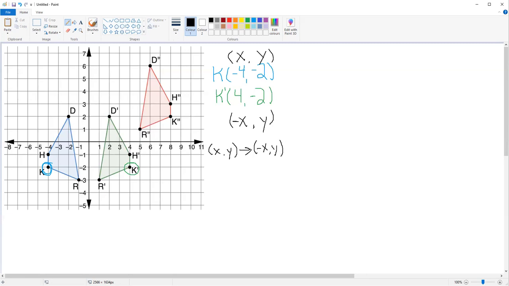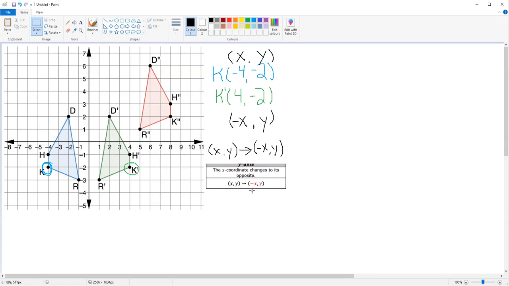And if I go up and pull from my bank of algebraic expressions, let me close that, I would find my reflection across the y-axis right there. You see that x comma y goes to -x comma y.